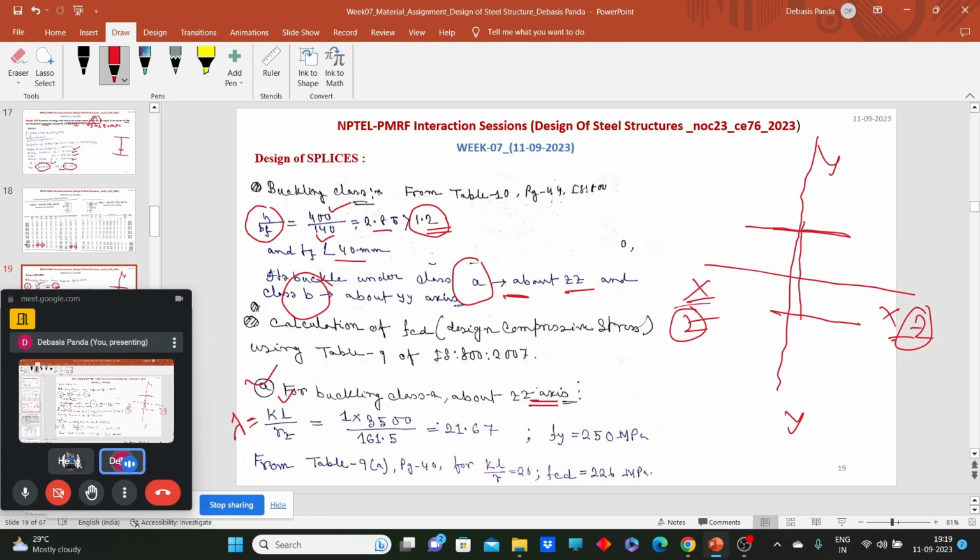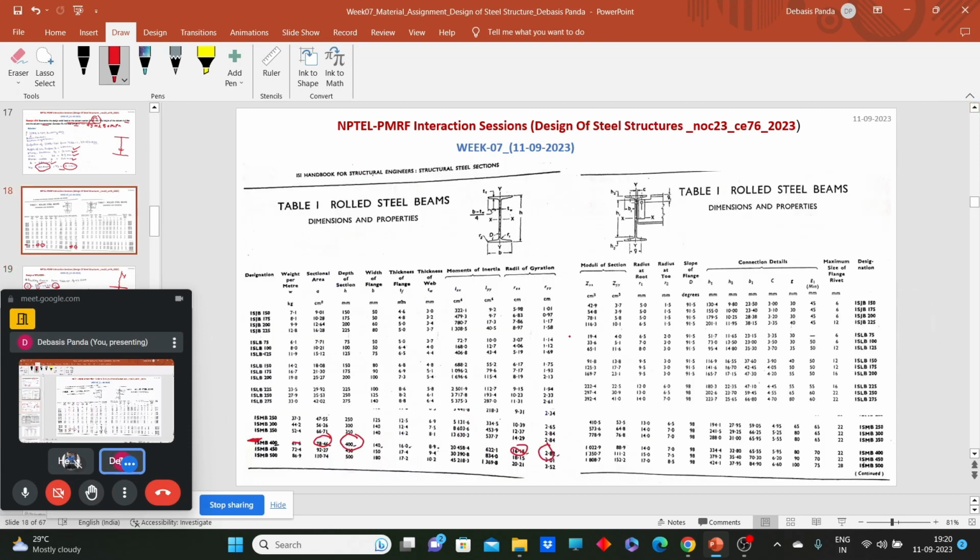Here both ends are hinged, so 1 into 3.5 meter, which I converted into millimeter, divided by RZ. RZ we have taken from SP6, which I have already shown you here. The value of RXX you will find is 16 point something.